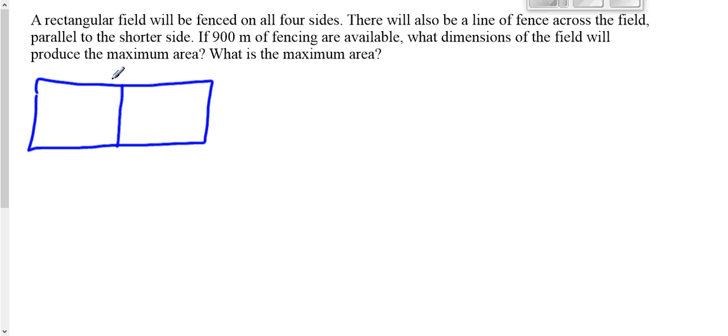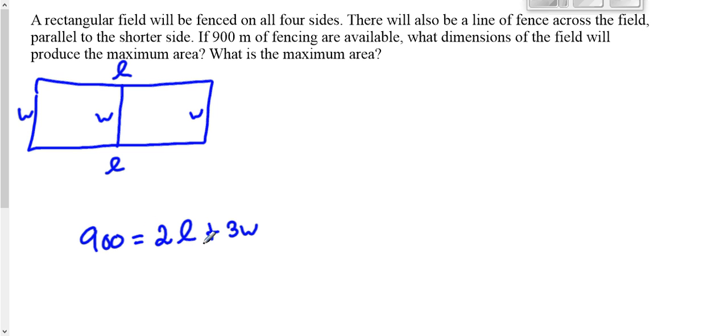So meaning we have the entire lengths and we have 3 widths. That means 900 has to equal 2 lengths plus 3 widths. We're going to do, once again, some substitution.